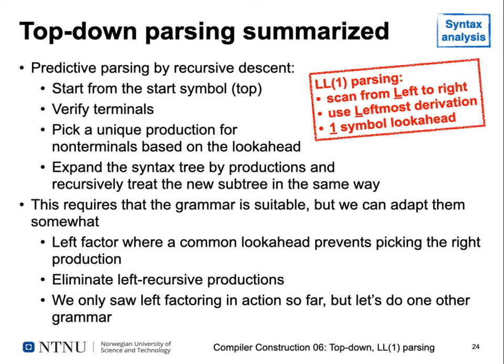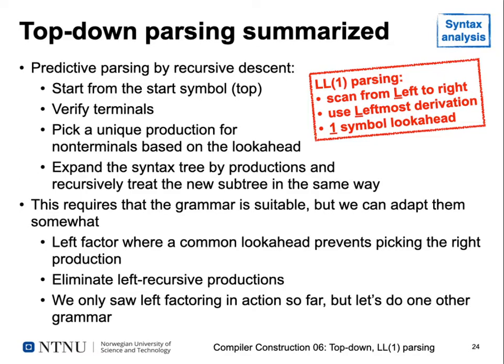That's why ambiguities need to be removed from our grammars. Then we can expand the syntax tree by the productions we derive by picking this unique production, and then recursively treat the new subtree in exactly the same way. That's why we have a recursive descent parser.